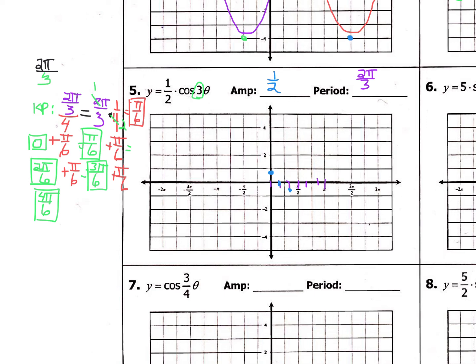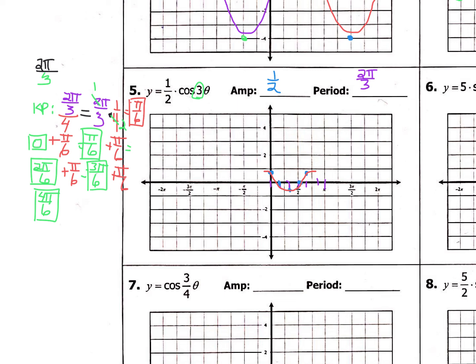And then our next key point here is at 3 pi over 6. We're back at 0. And then here is going to be our 4 pi over 6. So we are back up to the amplitude of 1/2. So that finishes off 1 very tiny period of cosine.